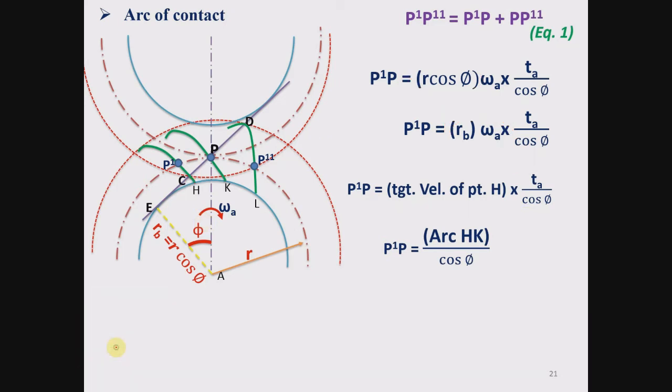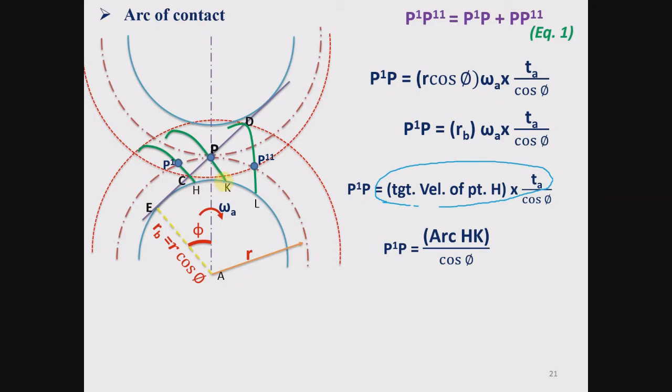Now, what is this arc HK? Look at this. The tangential velocity of point H into the time of approach. So velocity into time must give the distance traveled by point H, correct? So point H is moving along the circumference of the base circle.